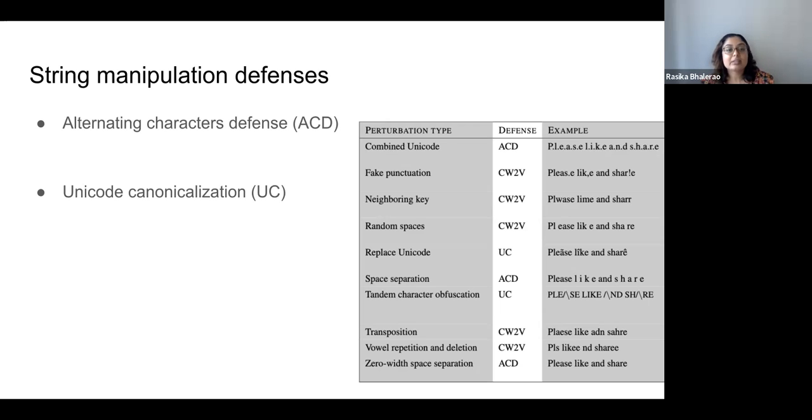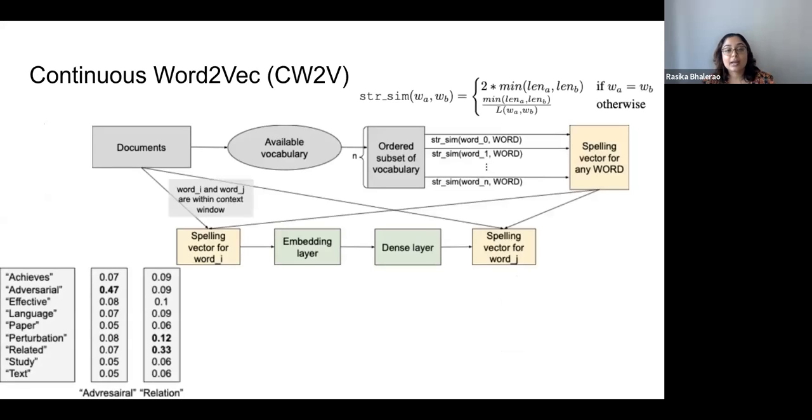Similar to that, there's also Unicode canonicalization, where we have a mapping of different characters that look like other characters, and we replace them all with the same original character, so that they all look the same. This also works for tandem character obfuscation. We just have a mapping of multiple characters. So that was 2 of the defenses. You'll notice that there was a 3rd type of defense for the remaining perturbation types.